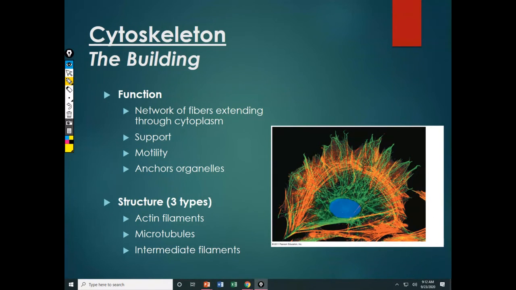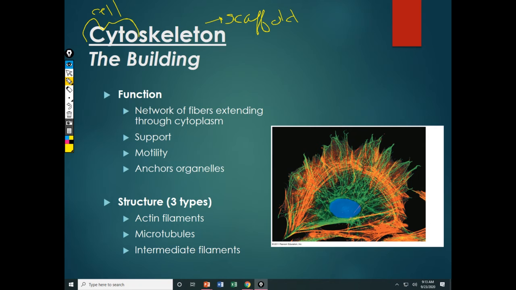Okay, so here again, we see that nice prefix, cyto, meaning cell. That's showing up. And in this case, skeleton, just like we're thinking of, it's like a scaffolding. That underlying structure that's going to hold our whole cell together.